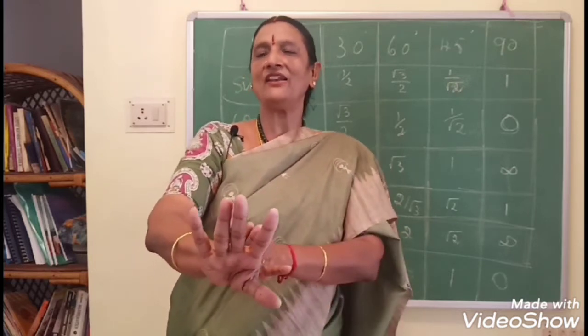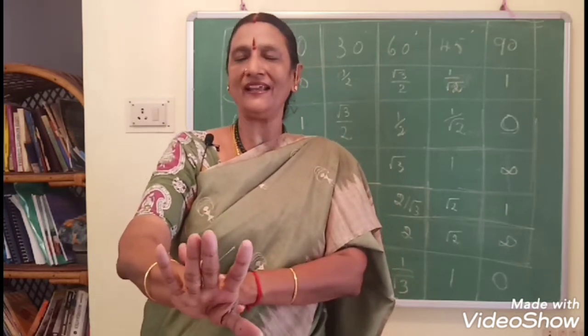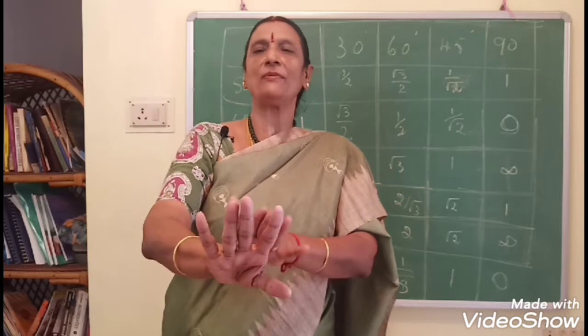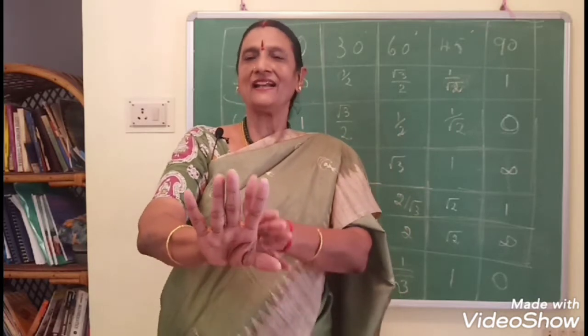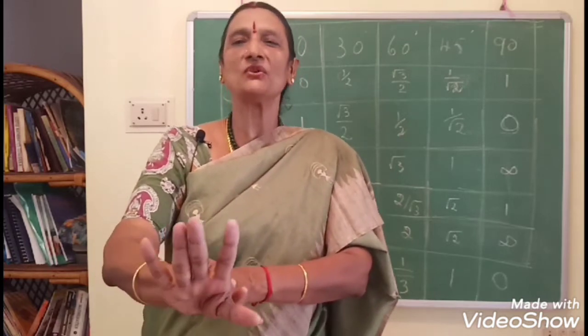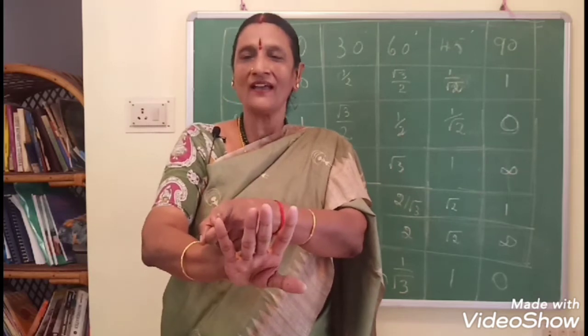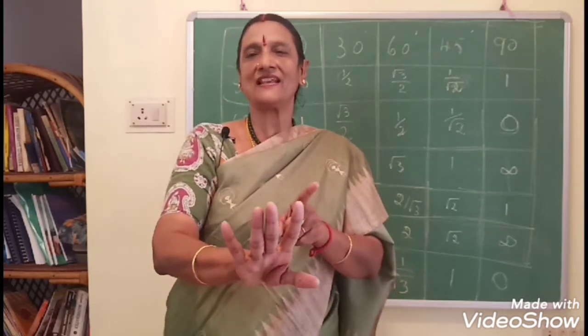For both the values sine and cos, you should use the denominator 2 only. So, in the numerator it should be root 4 and in the denominator it should be 2. Therefore, what do you get? 2 by 2, which is 1. Therefore, sine 0 is 0, cos 0 is 1. Is that clear to you?